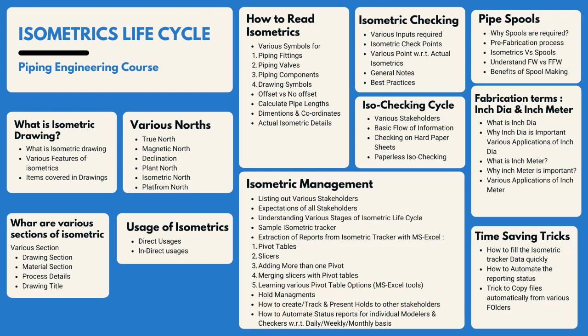Then we will look at a few of the automatic tools within MS Excel. With the help of those, we can extract daily, weekly, monthly, or whatever other formats we need, automatically from the isometric tracker. We are not going to spend much time while executing these things.